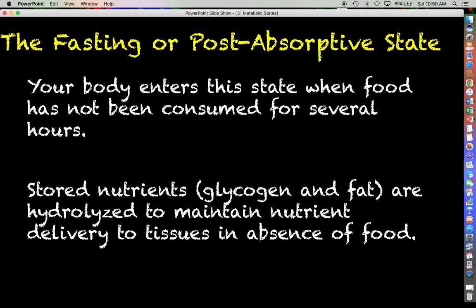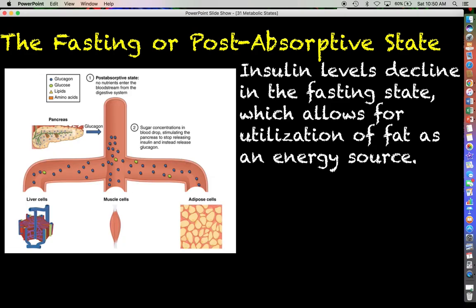So if we're not eating food, if it's been 8 hours since we've eaten, we still need to supply those cells and tissues and organs with nutrient molecules. If we're not eating anything, those nutrients have to come from somewhere. So it makes as much sense as anything to burn fat or burn through our glycogen stores to make up that shortcoming.